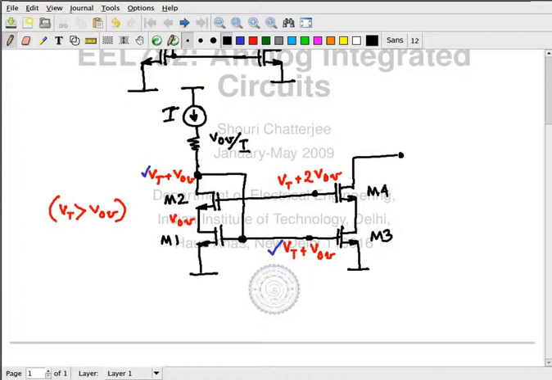Suppose I cook up these values. Then what can you say about the potential at the other end of the resistor? 2 VOV, which is exactly what you wanted. For certain. Now all you have to do is hook it up, and you've got what you want.